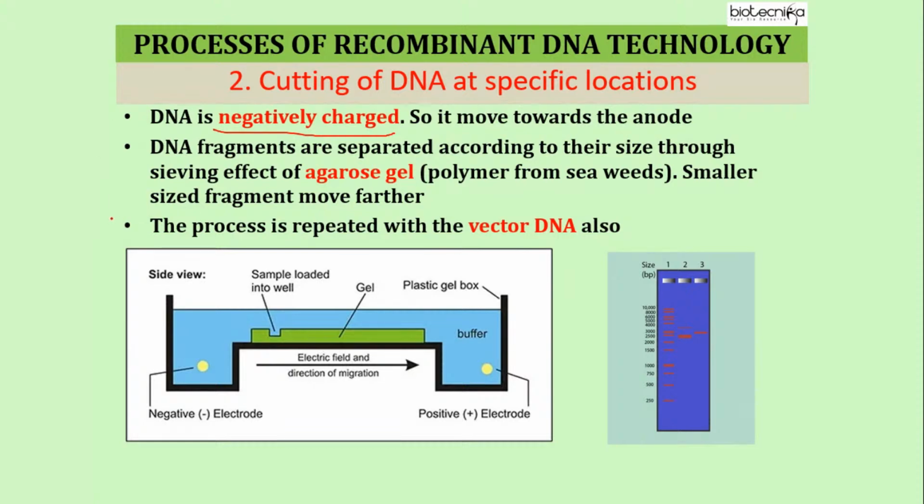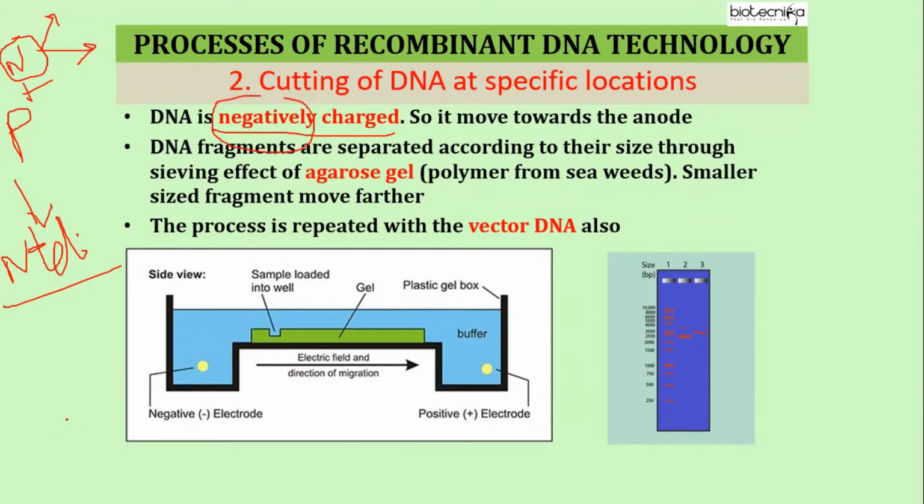This phosphate, when combined with a nucleoside, makes a nucleotide. Nucleoside plus phosphate makes nucleotide. And what is a nucleoside composed of? A nucleoside is composed of sugar as well as nitrogenous bases. So this phosphate backbone imparts a negative charge on the DNA.